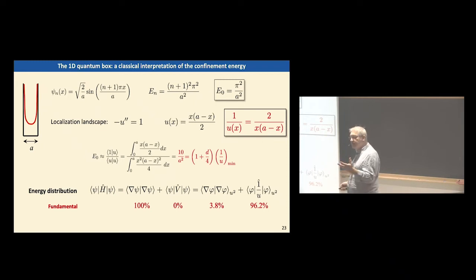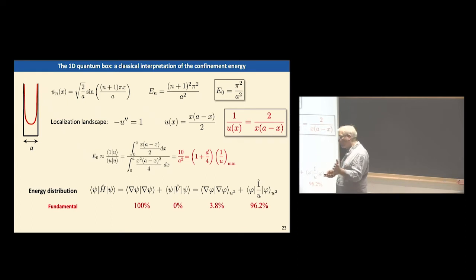What it means is that the energy of this object, the fundamental of a well, is understood now as a classical object. It's as if you would have a distribution of mass here, according to psi square, but lying on a potential.